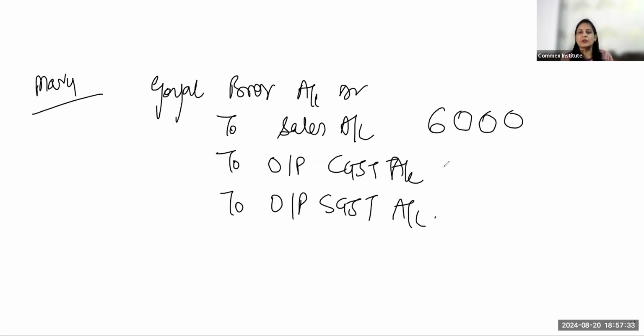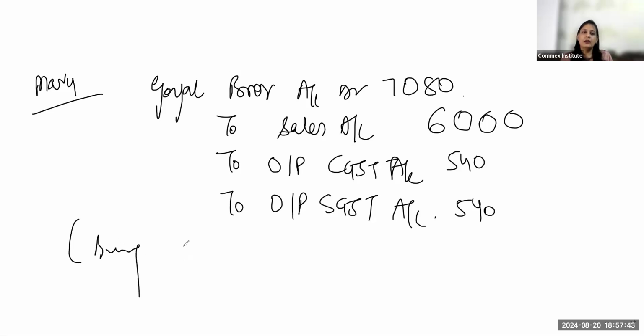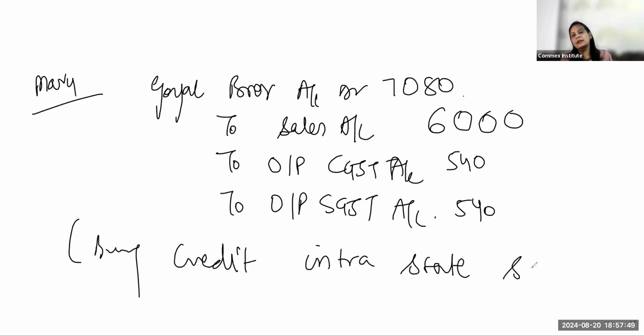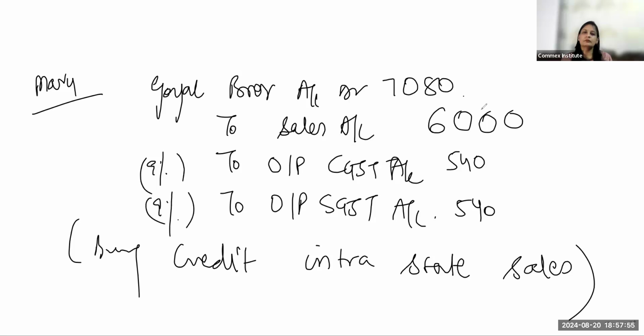And then 9%. So 540 and 540, so that becomes 1,080. So 7,080. In credit, say credit, intra-state sales. Okay, 9% or 9% again of this figure.